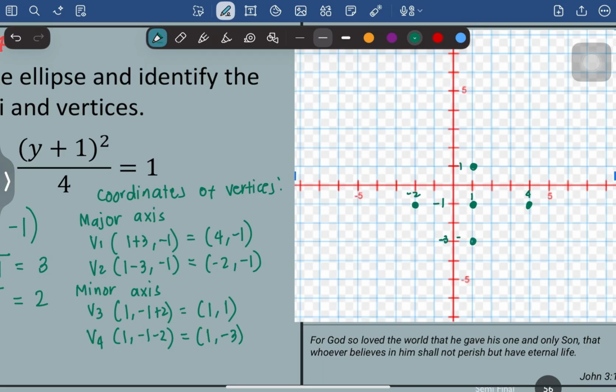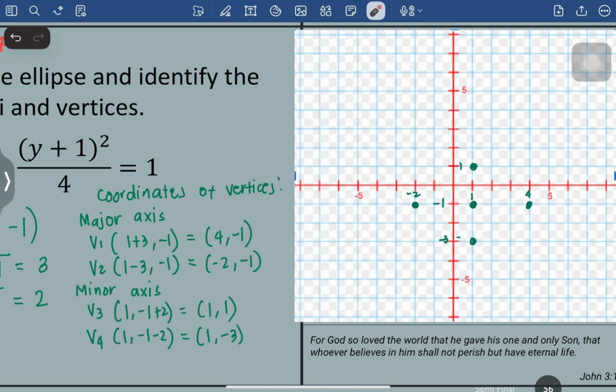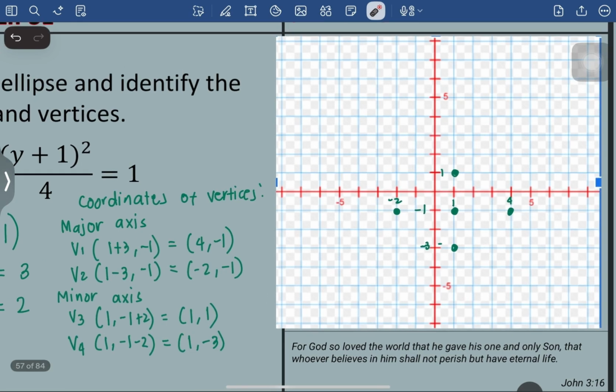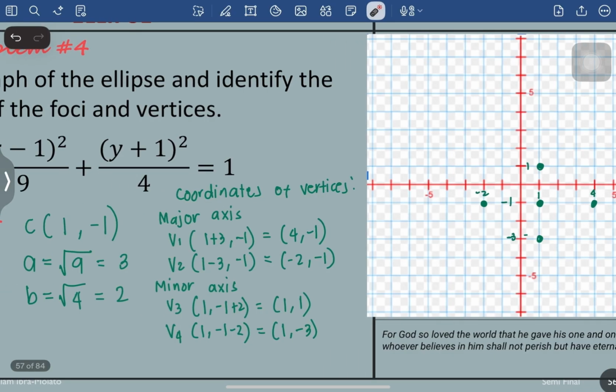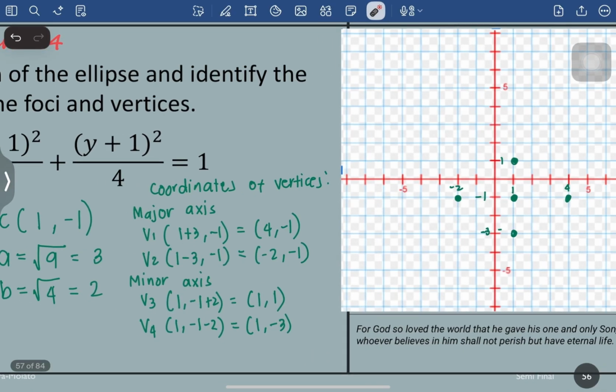So let's check. Let's count the distance based from the plot. The distance of the semi-major axis is 3. From the center, let's count 1, 2, 3. So that's correct.